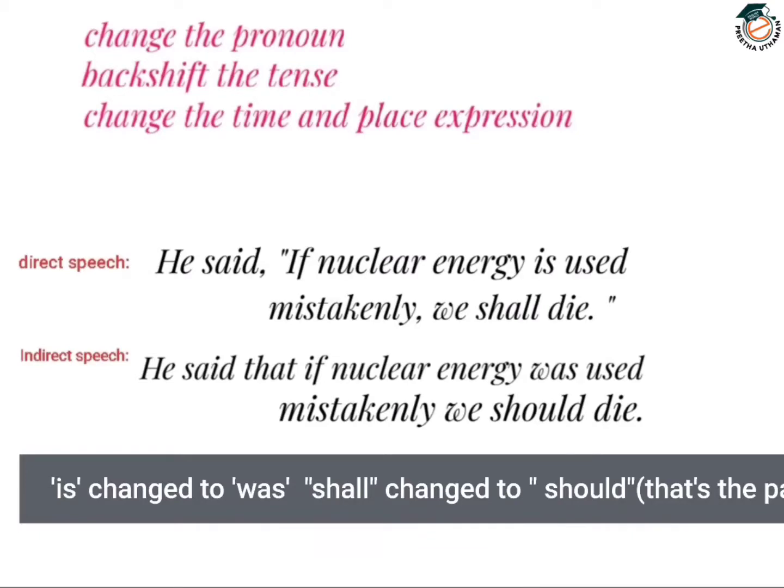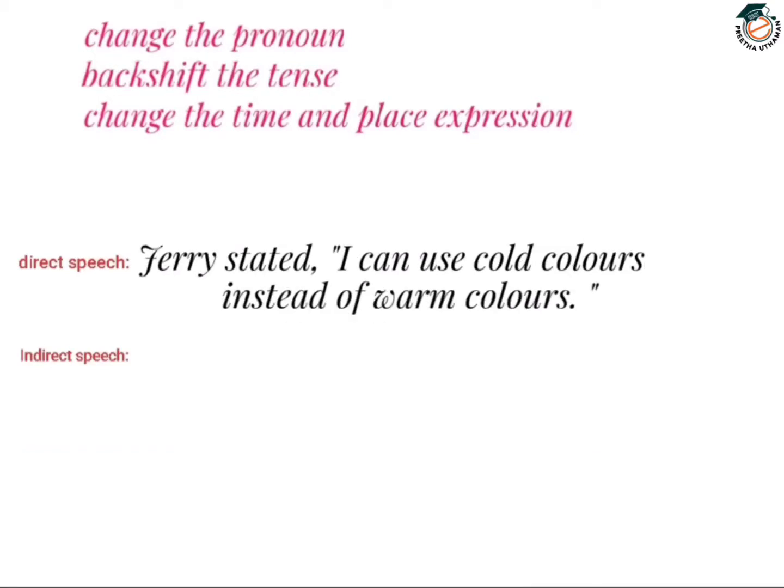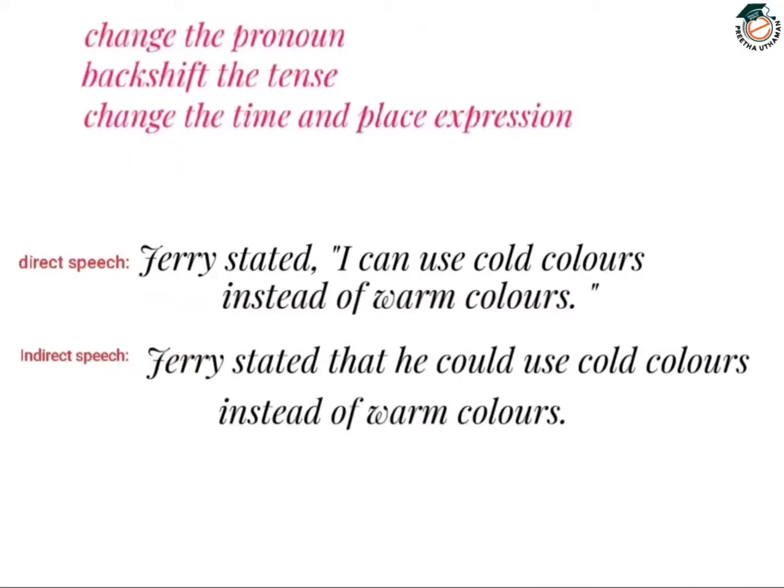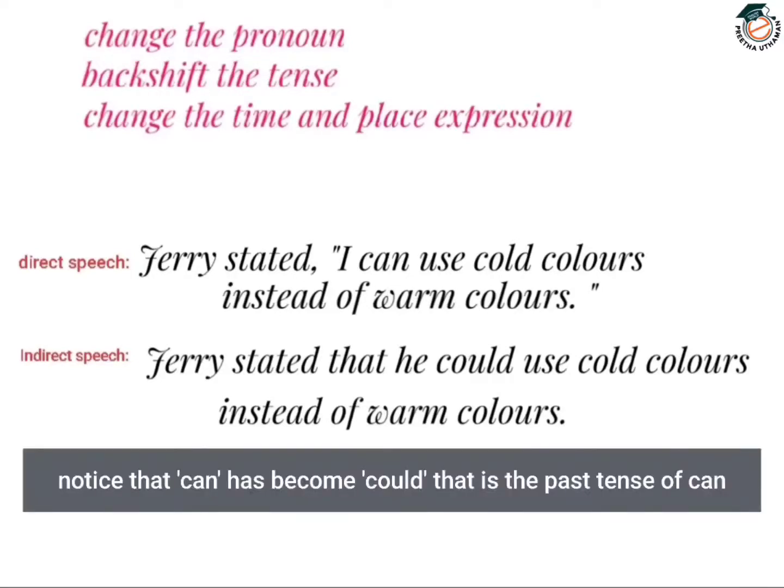That's the past. Next sentence, Jerry stated, "I can use cold colors instead of warm colors." Jerry stated that he could use cold colors instead of warm colors. Notice that can has become could. That is a past tense of can.